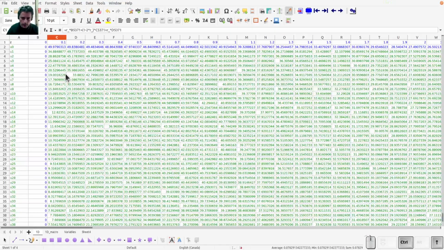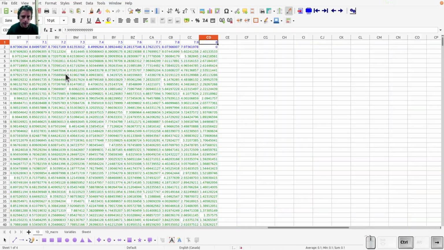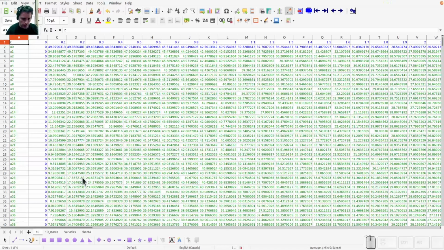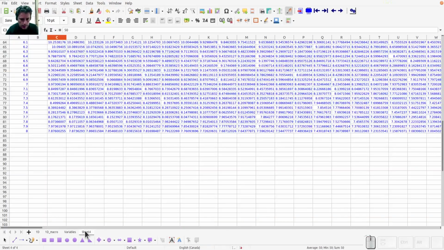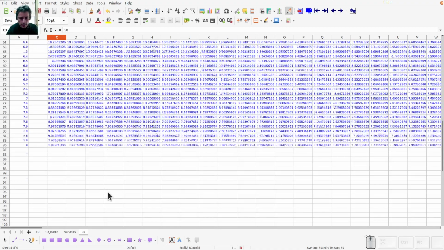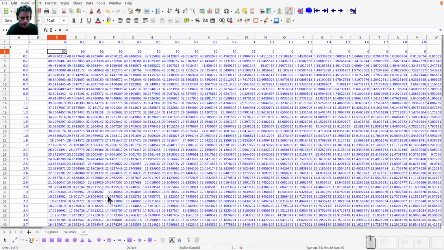So that's what we put here as a horizontal value. So this one I will call U-Naught, because that's the initial pore pressures. And we have the X values and the Z values in this particular case.